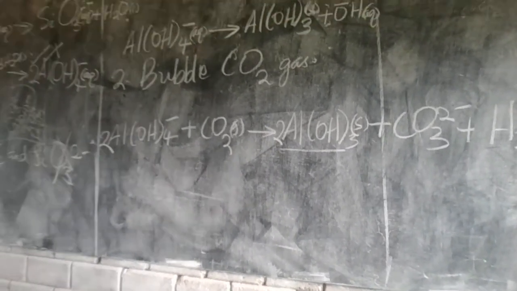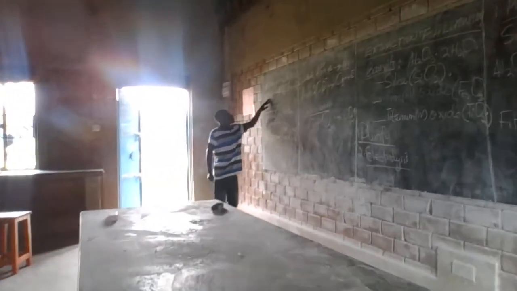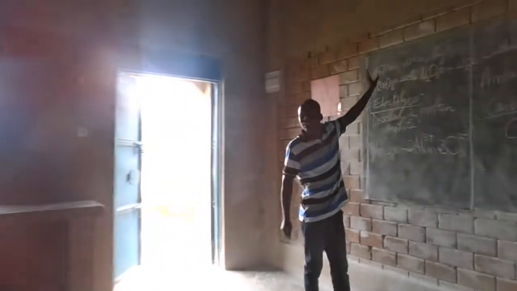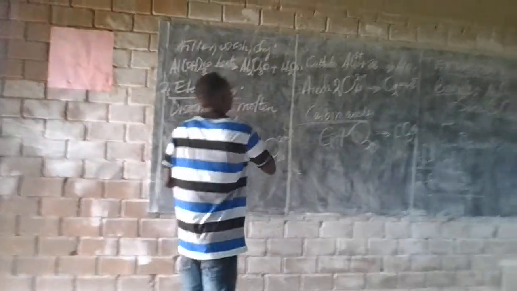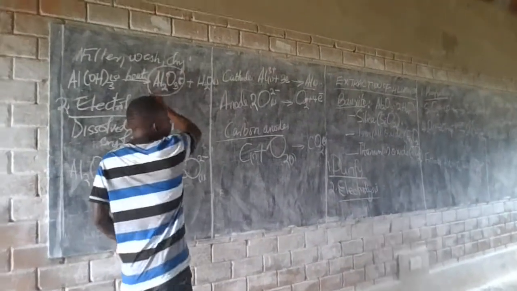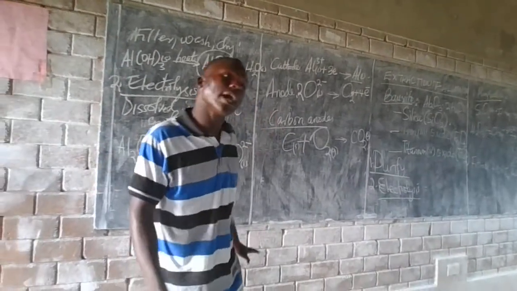So here we are going to heat the aluminium hydroxide formed after cleaning it very well and drying it. Heat it. We form now our new ore. We have now purified the ore, aluminium oxide.